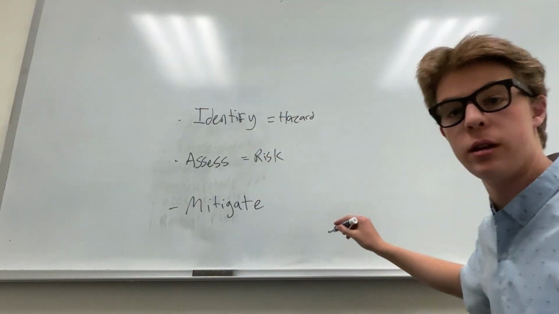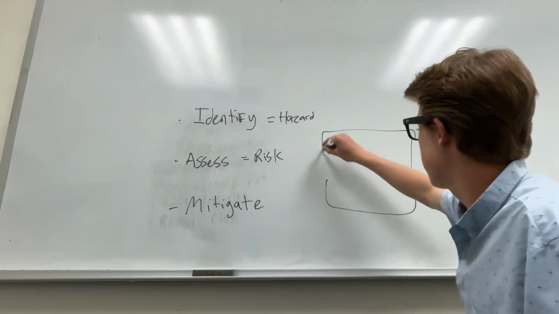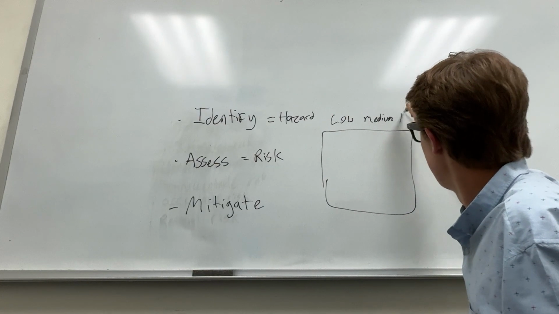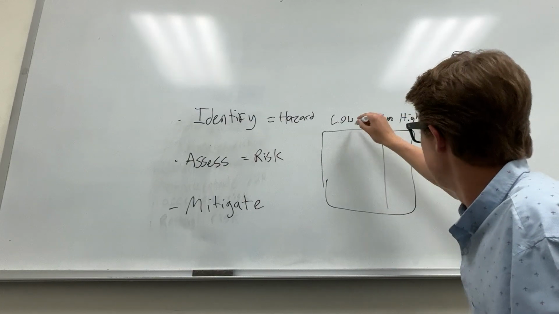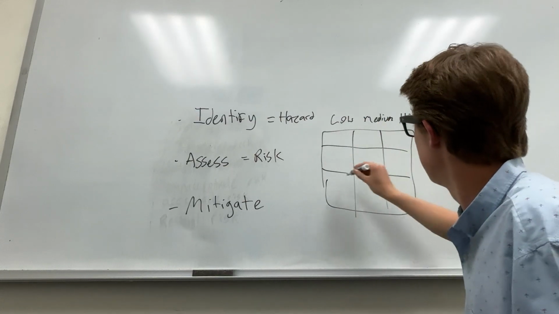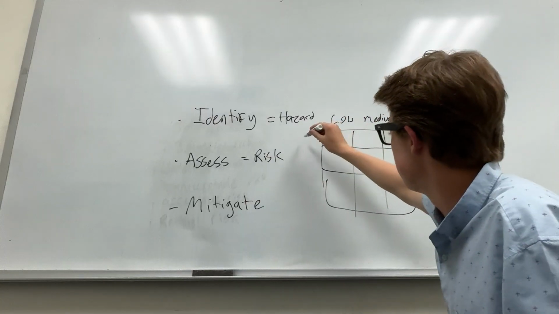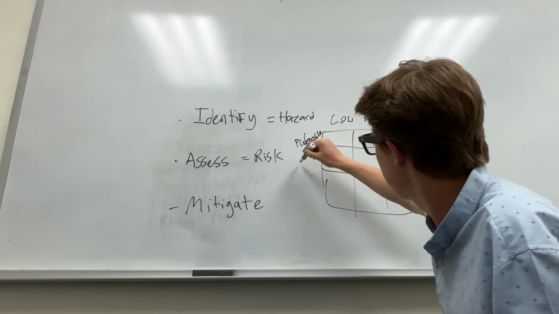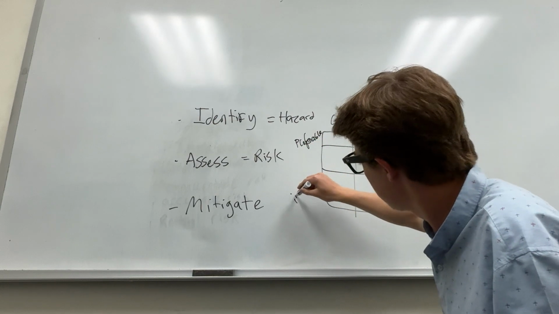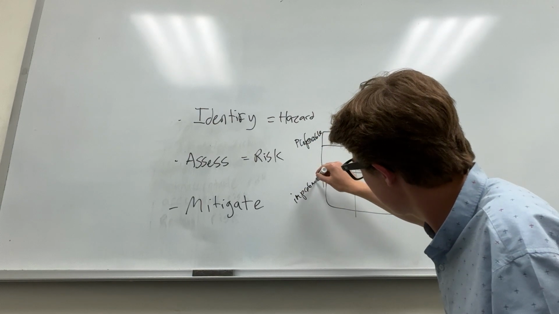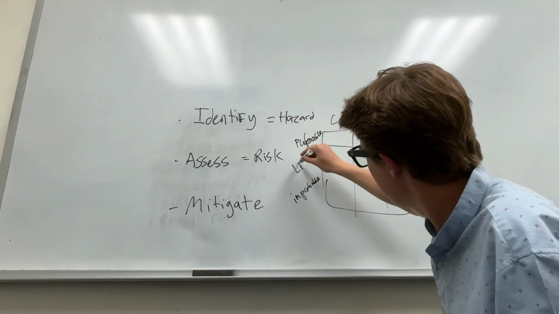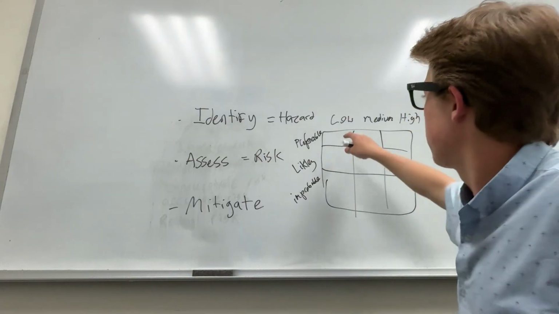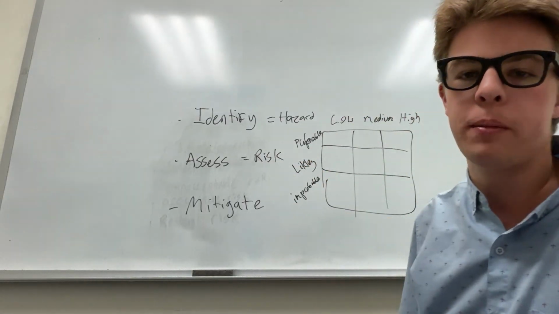And it can even be as simple as a table that just has low, medium, high, split it down. It's as simple as just doing impact versus probability, right?